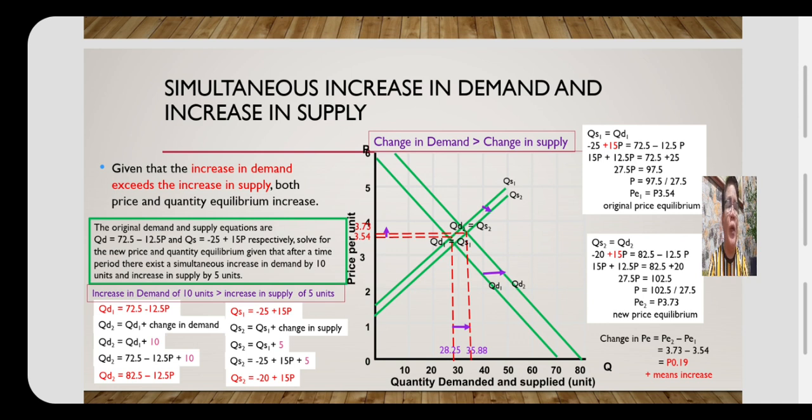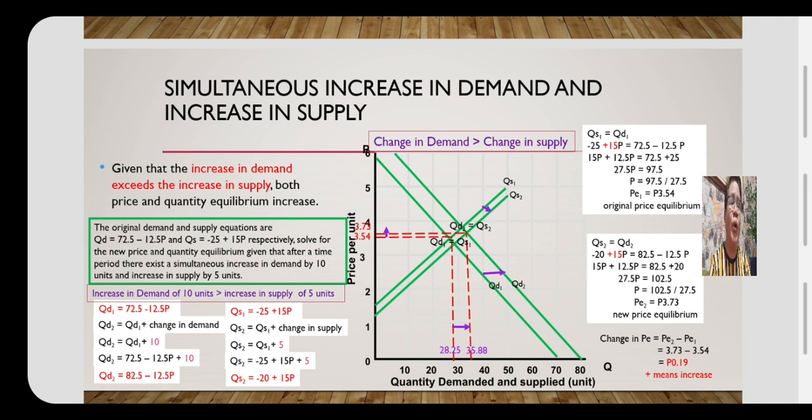So if we are going to compute for the original price equilibrium, it can be solved by equating the original supply equation to the original demand equation. Thus, negative 25 plus 15P is equal to 72.5 minus 12.5P.